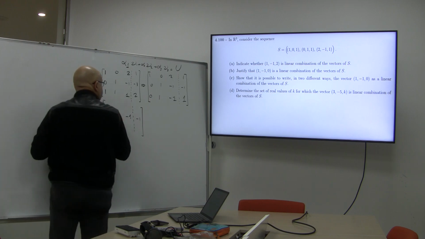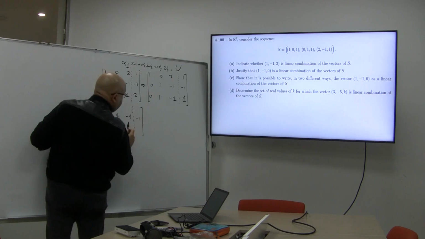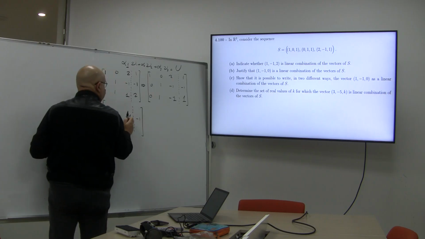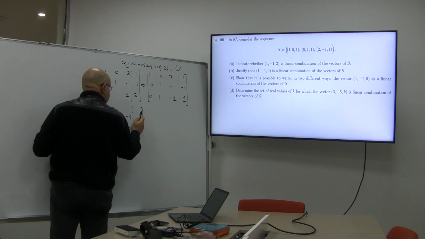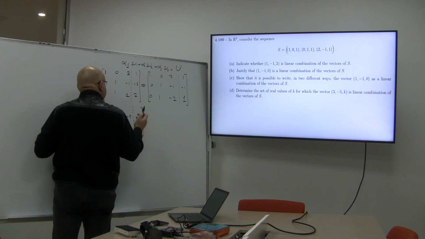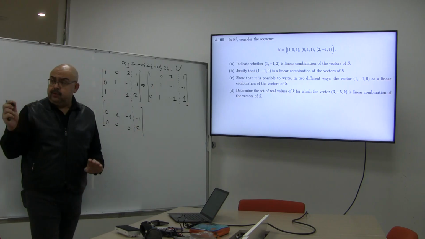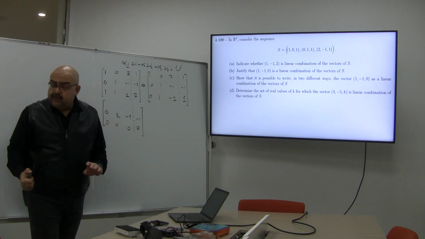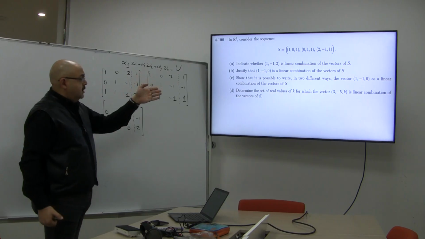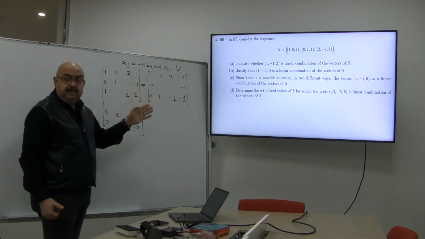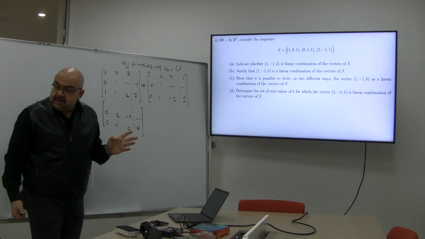So minus 1 times 0 plus 0 is 0, minus 1 plus 1 is 0, minus times minus 1 is positive 1, plus minus 1 is 0, then minus times negative 1 is positive 1, plus 1 is 2. This means we don't have a solution for alpha 1, alpha 2, alpha 3, and so this vector is not a linear combination of these vectors.